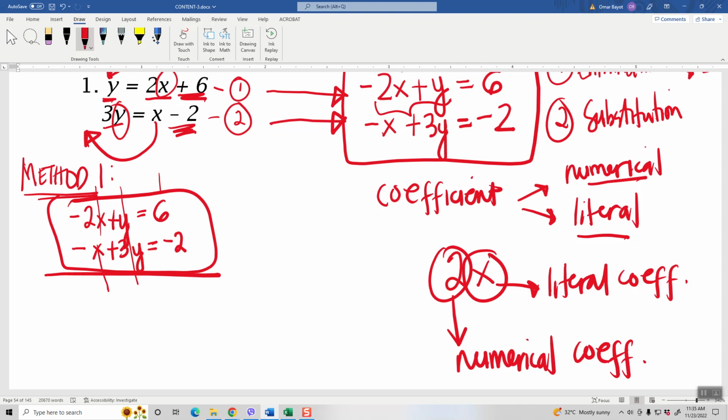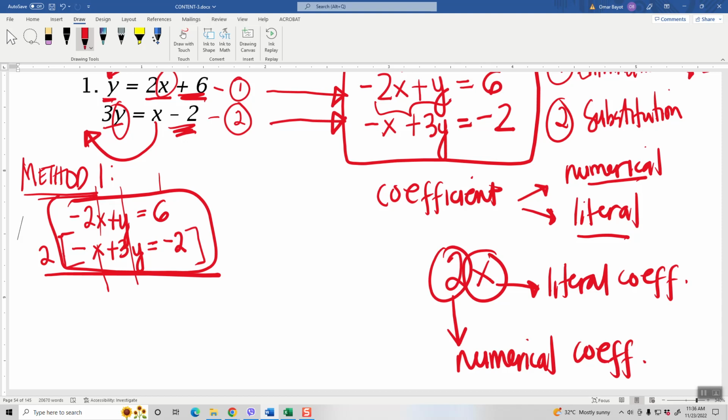So if I want to eliminate x, what will I do? I need to multiply this by 2 and change and perform subtraction.